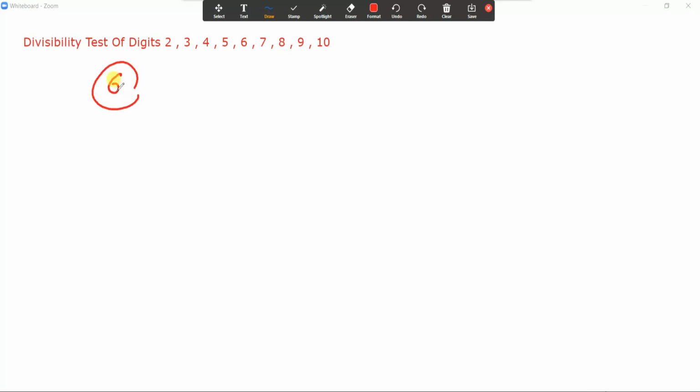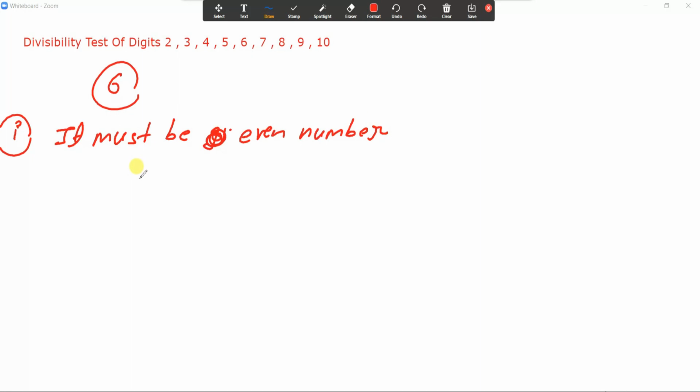Now let's check for 6 whether the given number is divisible by 6 or not. For this, the first point is it must be an even number. If the number is even, then there is a maximum chance it is divisible by 6. First, the number must be even.